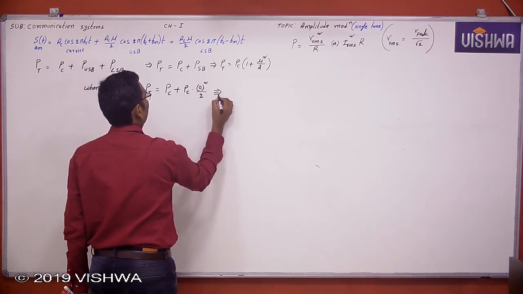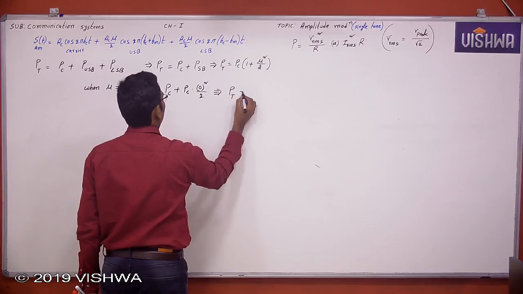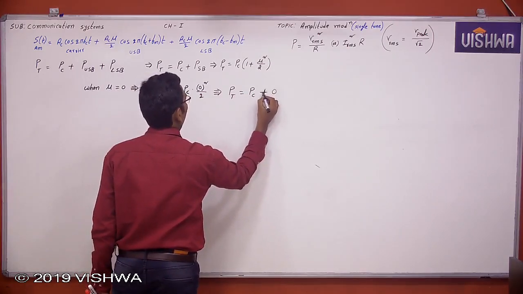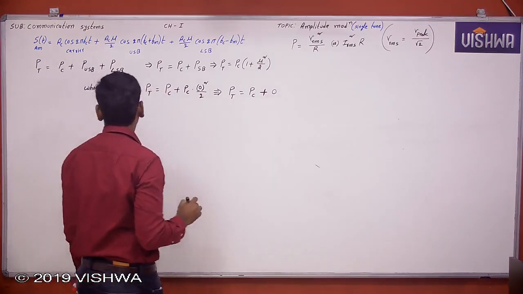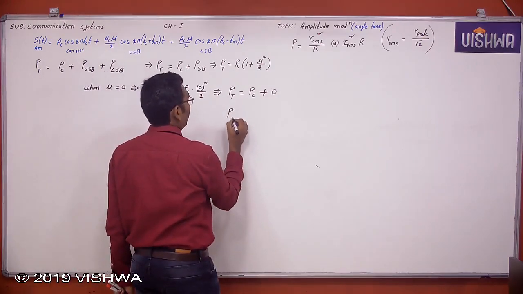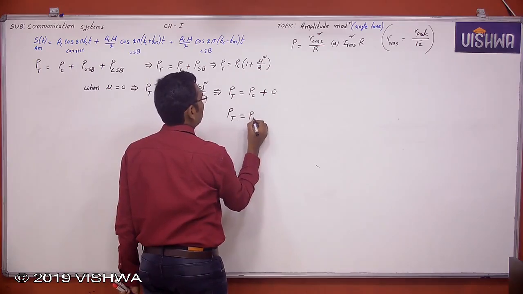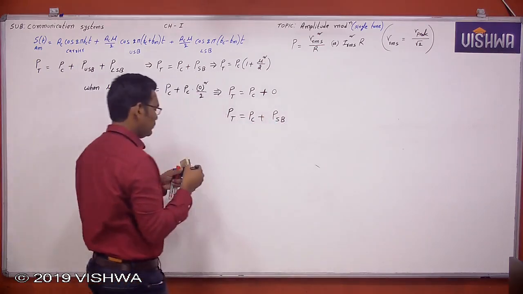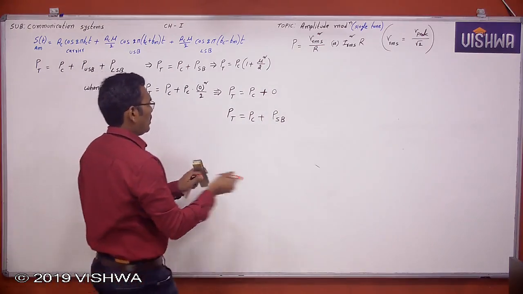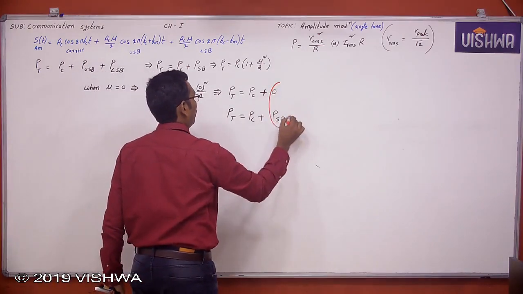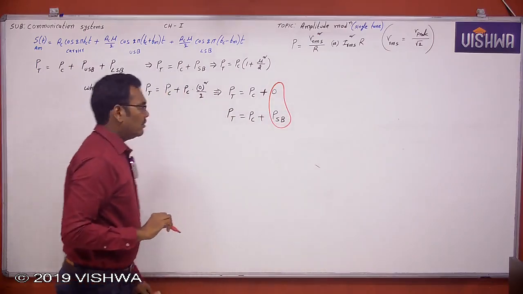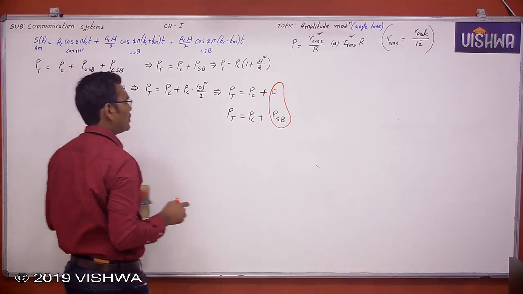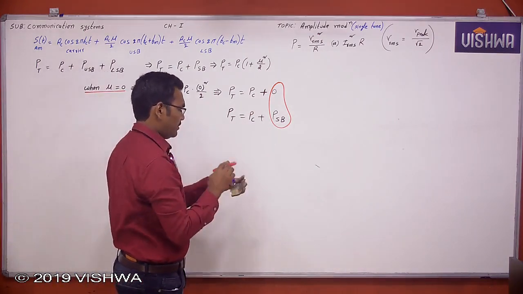So the total power is equal to Pc plus 0. Now Pt is equal to Pc plus Psb, the sideband power. Now the sidebands are 0. When modulation index equals 0, there are no sidebands.